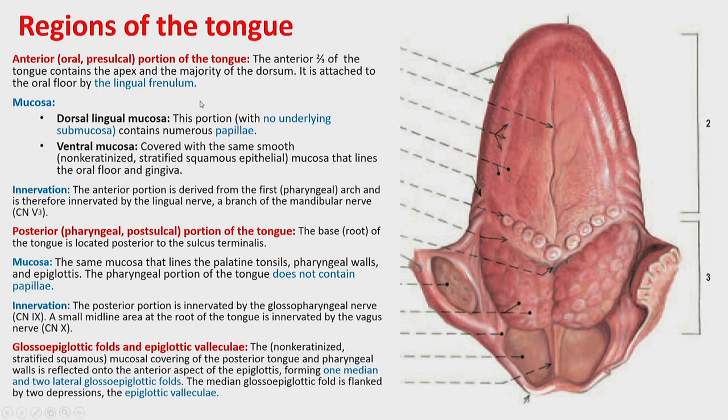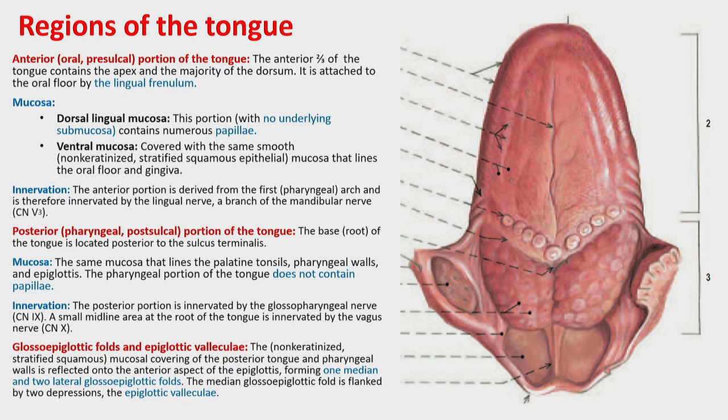In the dorsal lingual mucosa there is no underlying submucosa, and on the dorsum of the tongue you can find several papillae that have different names according to their shapes. That's why if you touch the dorsum or superior surface of your tongue, you will feel this roughness.